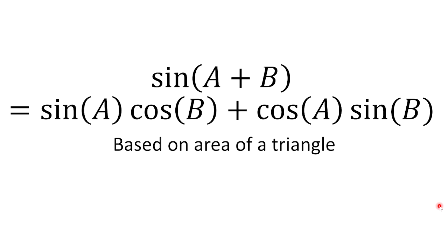Hi, in this video I'm going to show you how to prove sine A plus B equals sine A cosine B plus cosine A sine B, based on the area of a triangle. Most of the YouTube videos prove this property using the similarity of triangles, and in this video I don't use the similarity property.